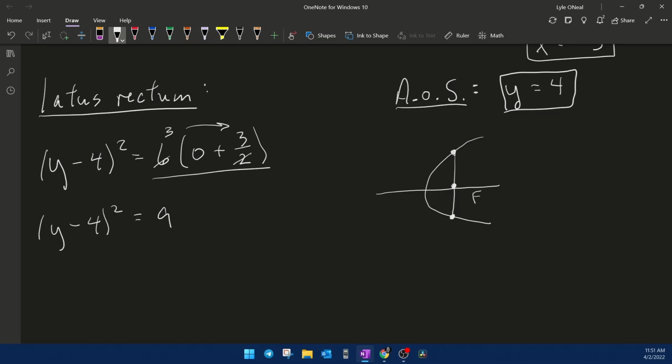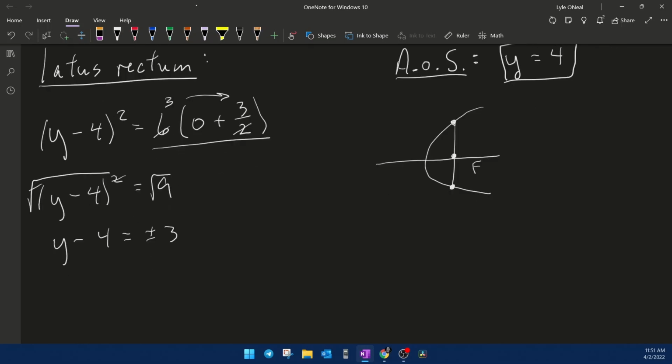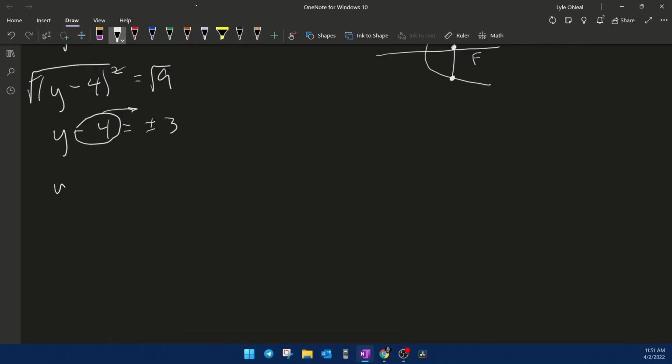When I simplify this side, taking the square root of both sides is going to give us y minus 4 equals, don't forget your plus or minus, 3. And one more step, bringing the minus 4 over will give us y coordinates of 4 plus 3 and 4 minus 3.